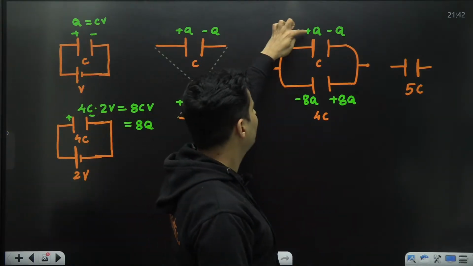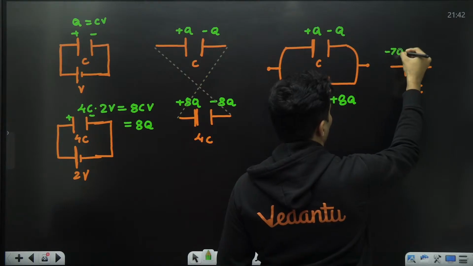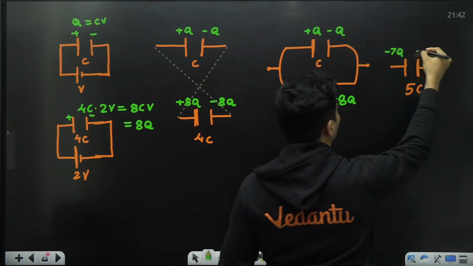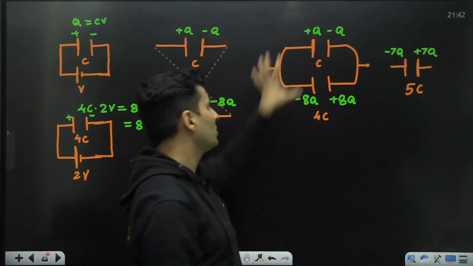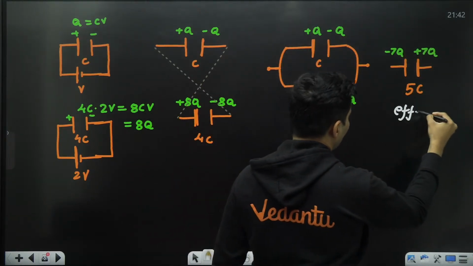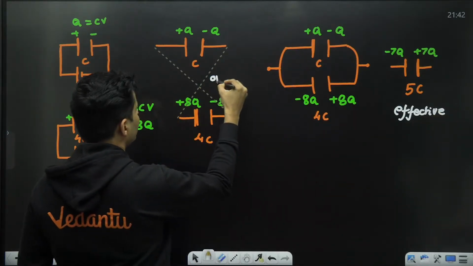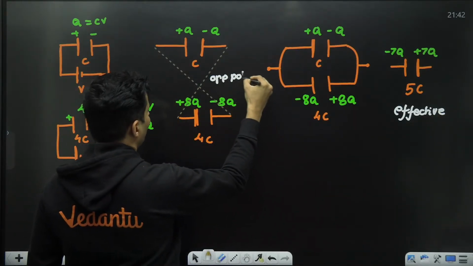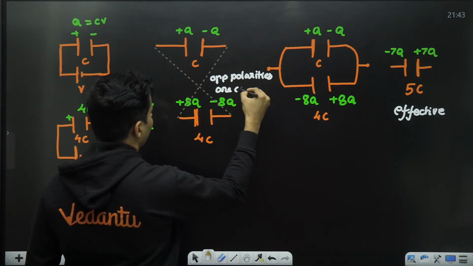Think logically. This plus Q and minus 8Q will become minus 7Q. And plus 8Q and minus Q will become plus 7Q. So this is the new total charge on the effective capacitance. This is nothing but effective capacitance. Here opposite polarities are connected.